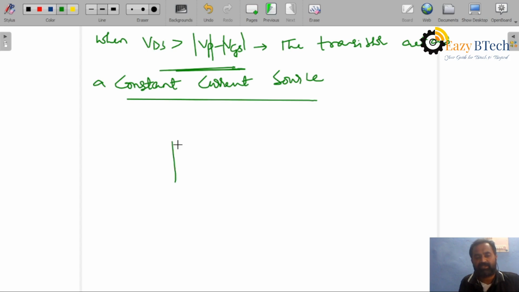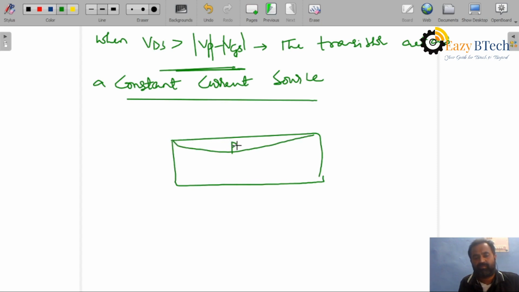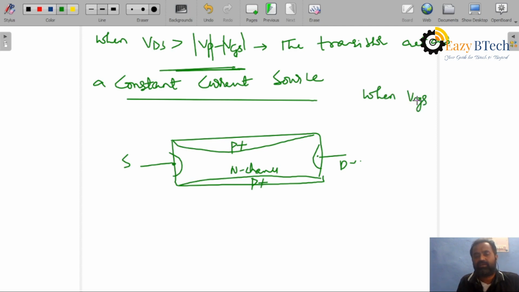What happens, you can see. It is an N channel. This is the source and this is the drain. When VGS is equal to VP, we call it the pinch off point.